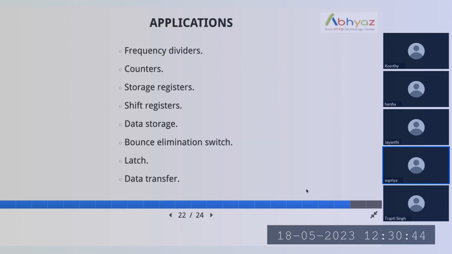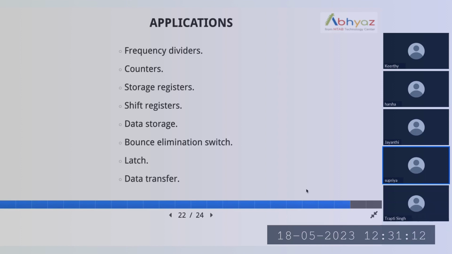Applications of these flip-flops include frequency dividers, counters, storage registers, shift registers, and many more. You may ask, what is a register? The combination of two or more flip-flops is said to be a register, and the function of a register is as a buffer, and storage registers for storage, and we have shift registers.